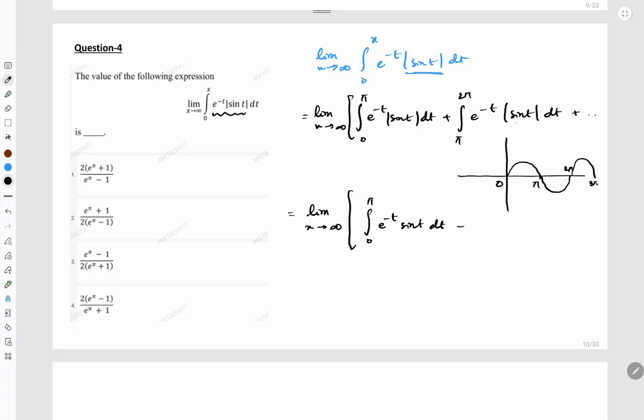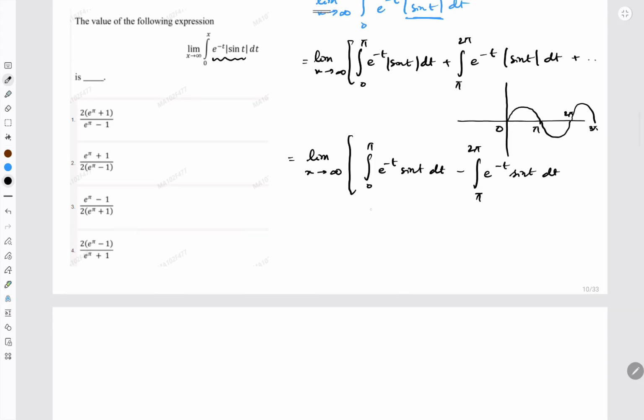In the second region it will be negative, because sine's value is negative, so I can take a minus sign outside, pi to 2 pi e power minus t sine t dt. And for the third region, it will be positive only because it is alternating, as we can see here. 2 pi to 3 pi e power minus t sine t dt, then minus 3 pi to 4 pi e power minus t sine t dt, and so on, right?